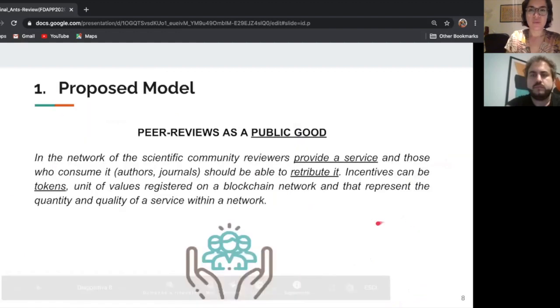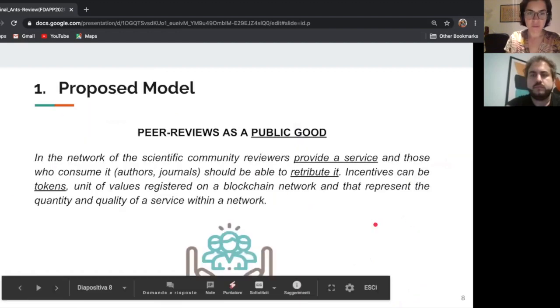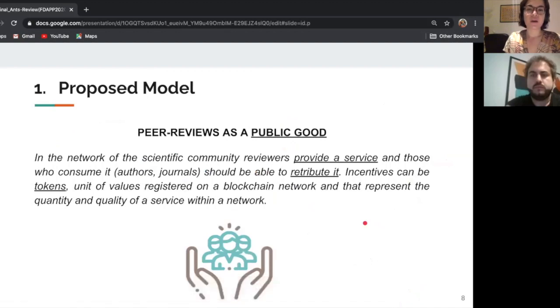Moreover, in our model, we intend peer reviews as a public good. This is because reviews themselves are a service that is provided to the scientific community, and therefore need to be retributed. An incentive can happen in the form of tokens.